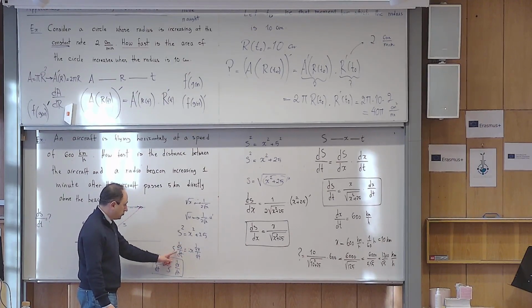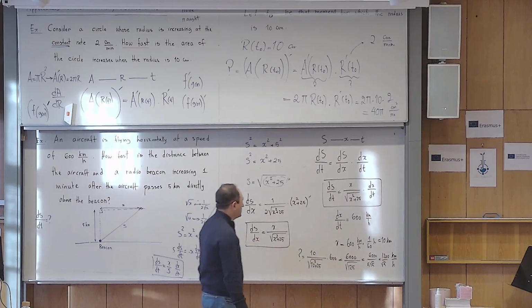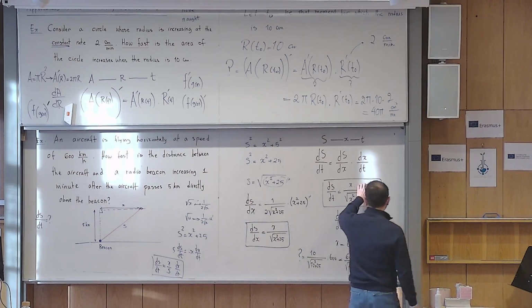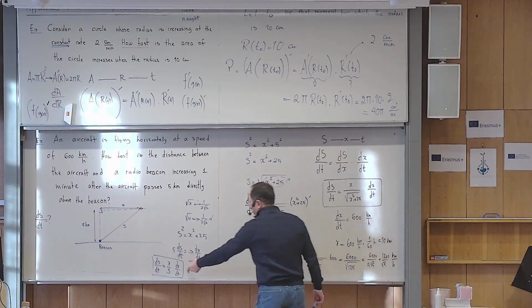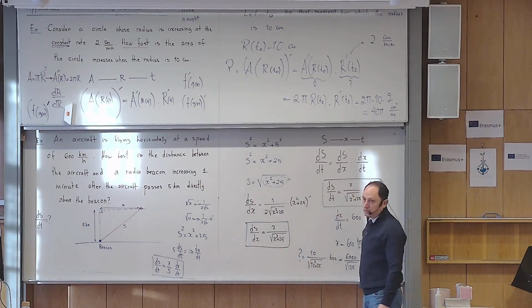Because I want to know ds/dt, I isolate it by dividing by s, and I got this result. But of course, this result is exactly identical to the earlier result, yes? Because dx/dt is exactly the same thing, and this is x divided by s. Yes?